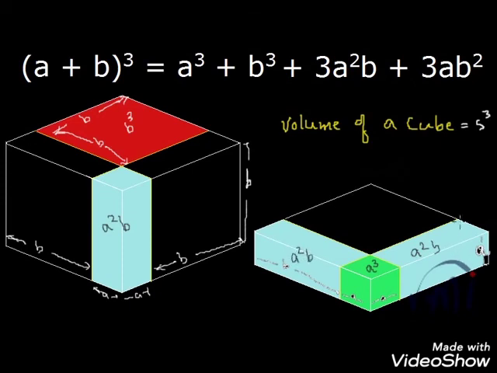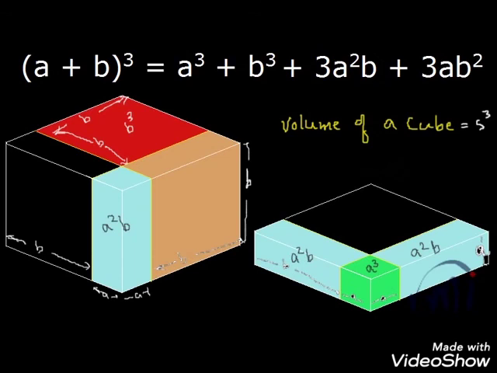This also has this face which is a square and its length is B, so its volume will be A square B, and similarly this cuboid will also have volume A square B, right? And now if I talk about this cuboid, this one, what will be its volume? This face of this cuboid is a square of B by B, right?